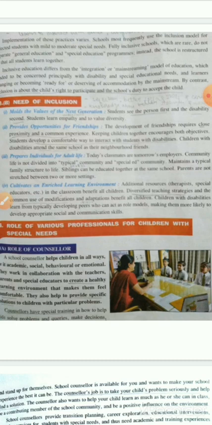Cultivate an enriched learning environment. Additional resources, therapists, special educators, etc. in the classroom benefit all children.